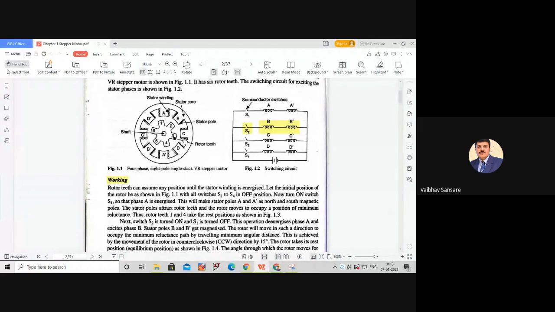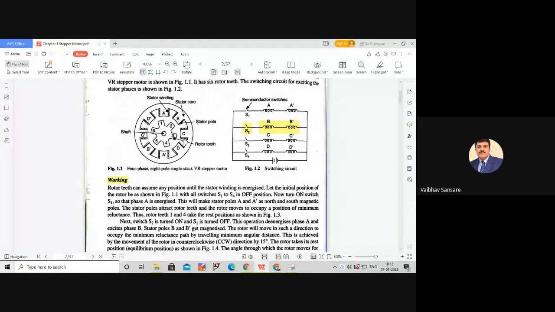So there is a certain switching sequence, and according to that switching sequence, we obtain the rotation of the rotor in certain steps. The rotor which we have considered is a salient pole rotor with 6 teeth on its periphery.